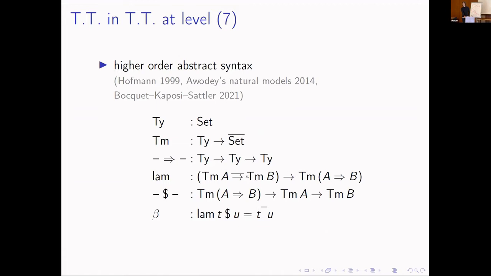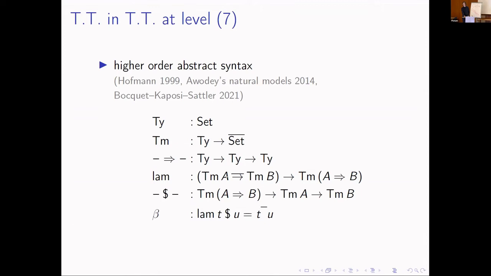So it's not strictly positive if we look at it naively, because here there's an arrow on the left-hand side of the arrow. And this Tm A is one of the sorts which is being defined, but this is not a simple function space. This is the barred function space, which is only available because this sort was also a barred sort or a representable sort.